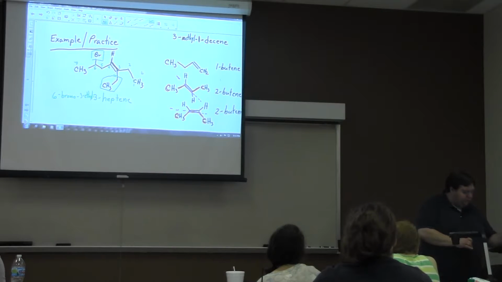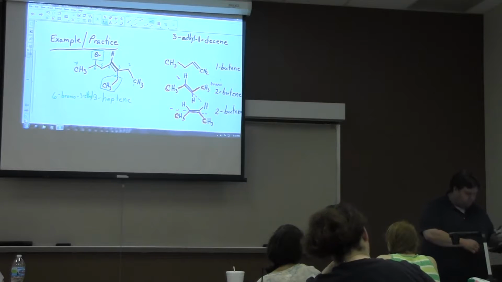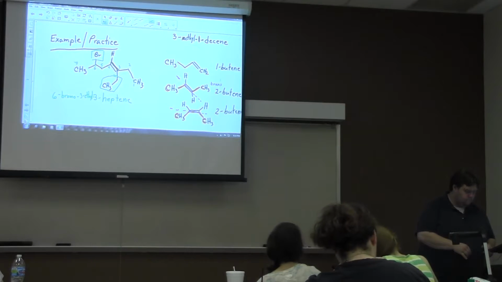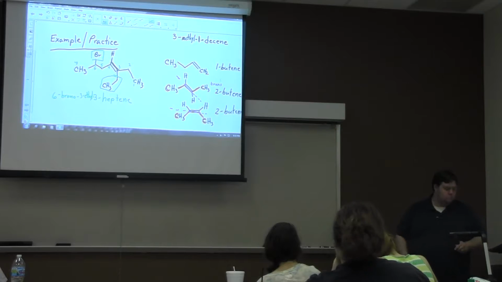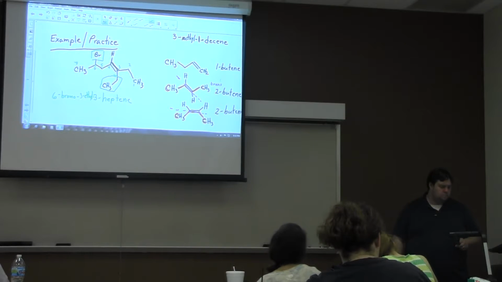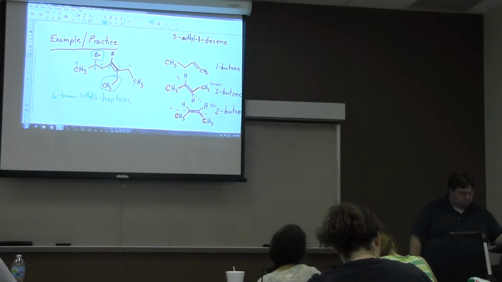So when we have a situation where we have two groups that are on opposite sides of the double bond, in other words, on opposite sides of the wall, we use the prefix trans. And if they're on the same side of the wall, we call it cis.